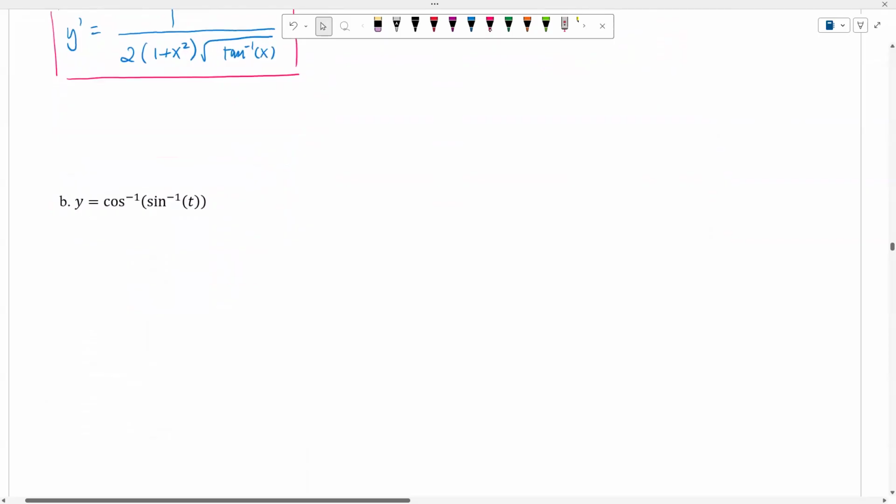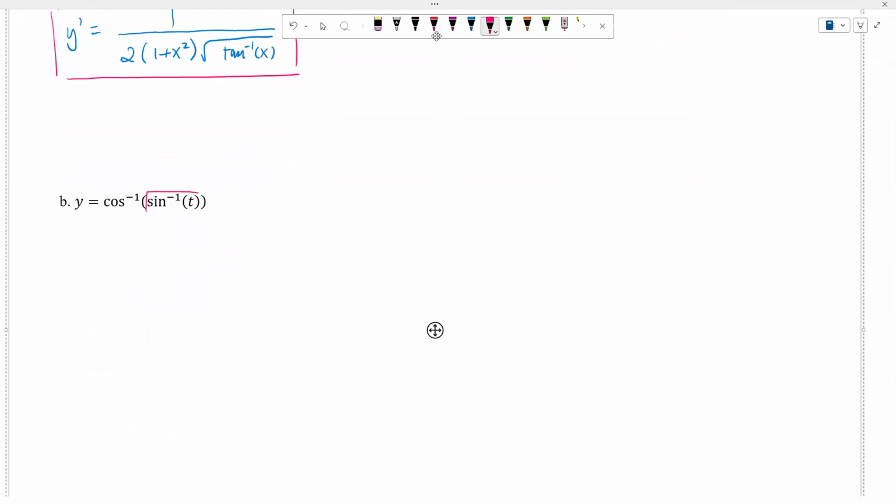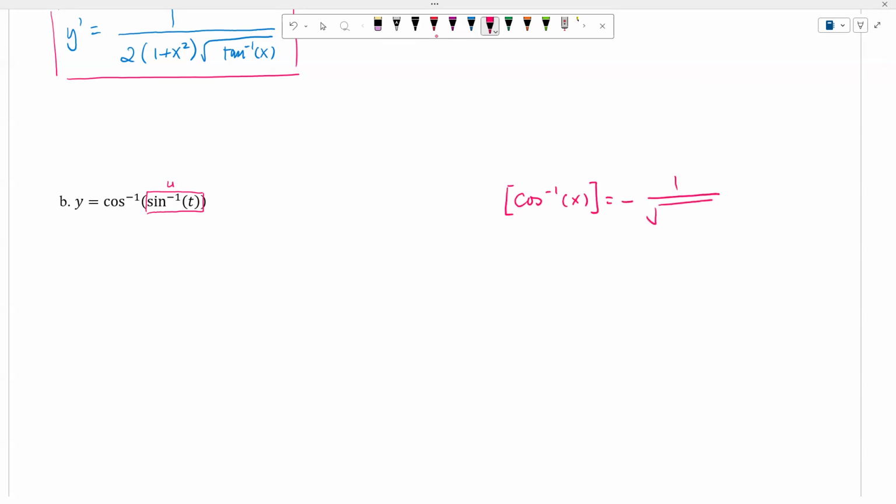And now let's check out the next example. To this example, again, I have composite functions, where we could consider that this is the u that we have here. First of all, if I have cosine inverse of x and I take the derivative of this, it is -1 over square root of 1 minus x squared.